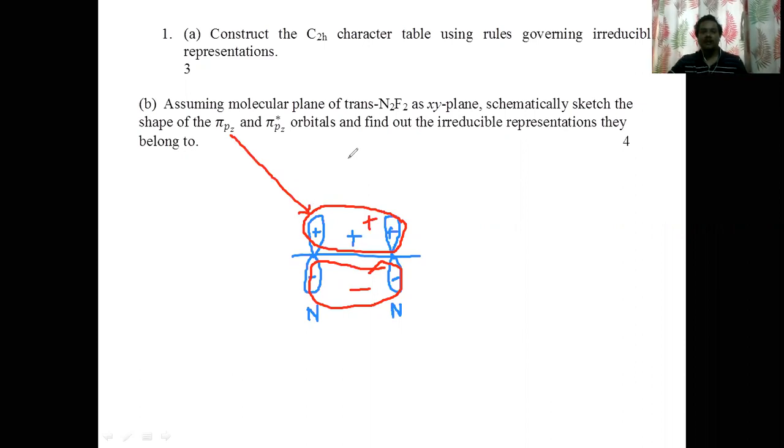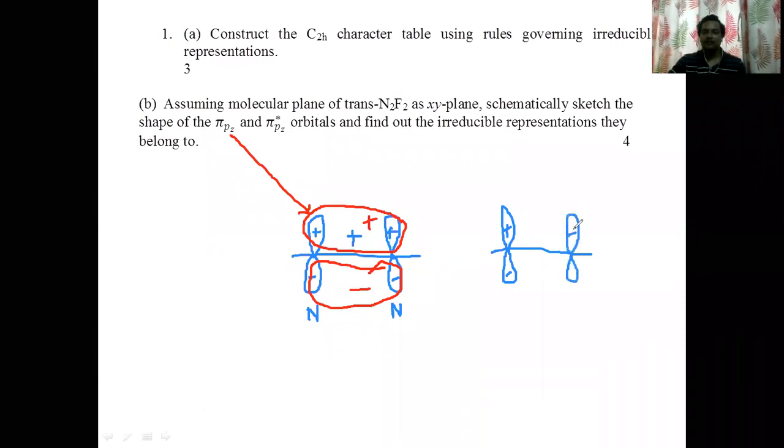Now, if you are going to go for the minus combination, let me draw initially whatever it is.